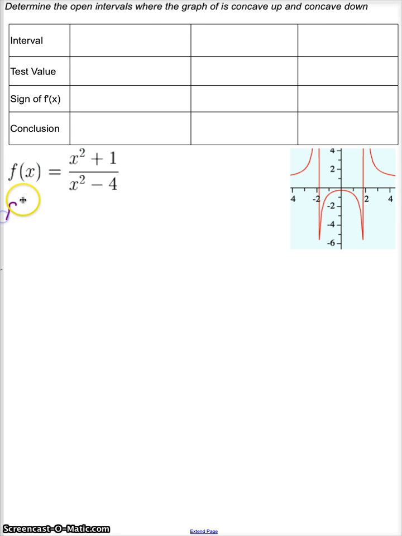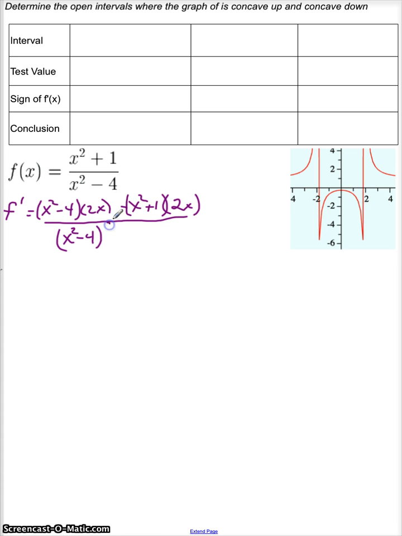All right, so f prime in this case is x squared minus 4 times the derivative of the numerator, which is just 2x, minus the numerator x squared plus 1 times the derivative of the denominator, which is 2x, divided by the denominator squared, x squared minus 4 squared.